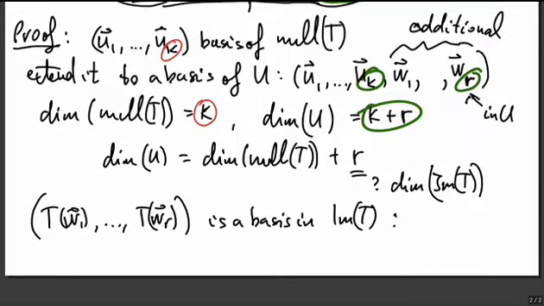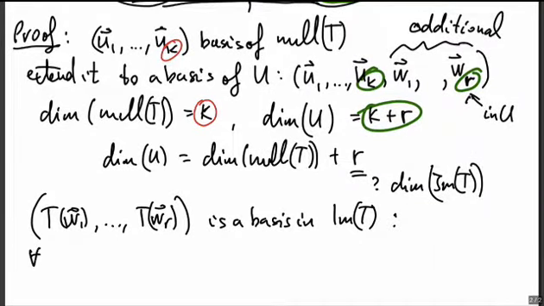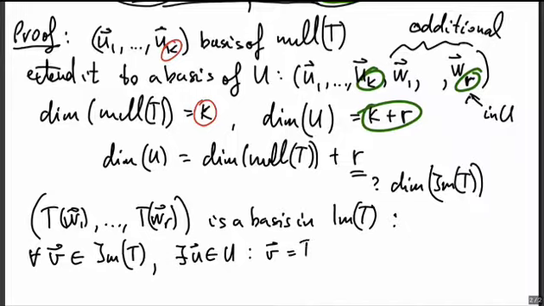So for that, what we do is say that for all V vector in the image of T, according to the definition of the image, there is a U vector in the vector space U, such that V equals T of U. That's simply the definition of the image.